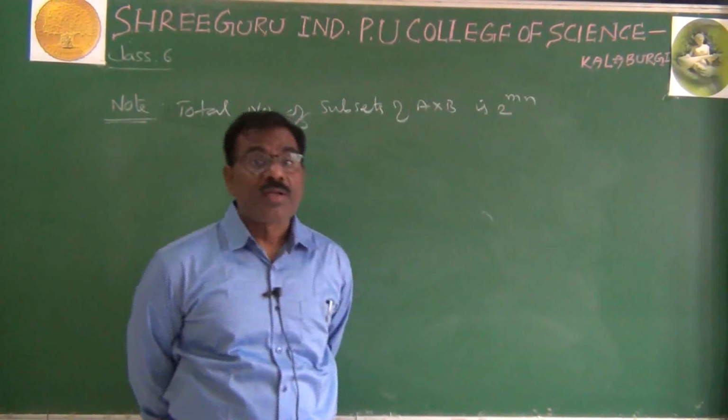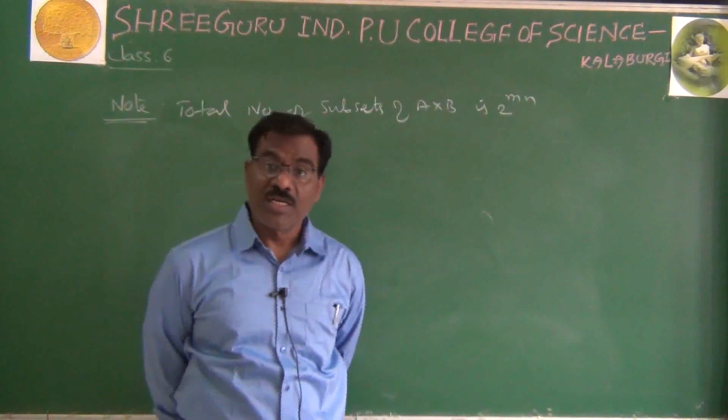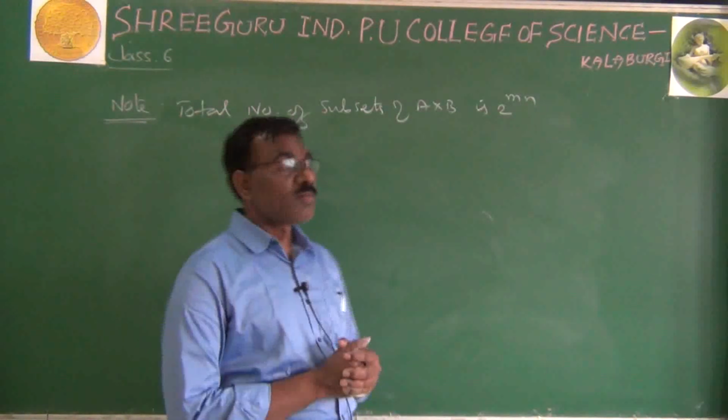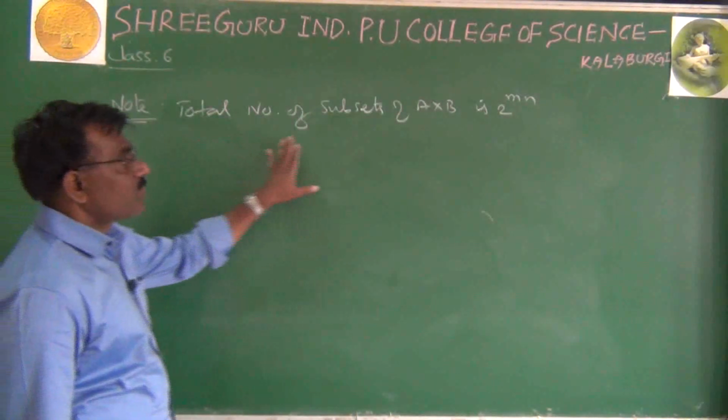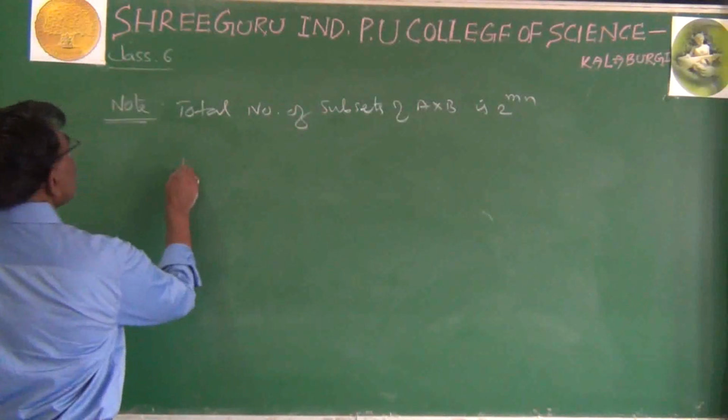What is m? Number of elements of set A. What is n? Number of elements of set B. So this is the total number of subsets of A cross B. The formula is 2 to the power mn.